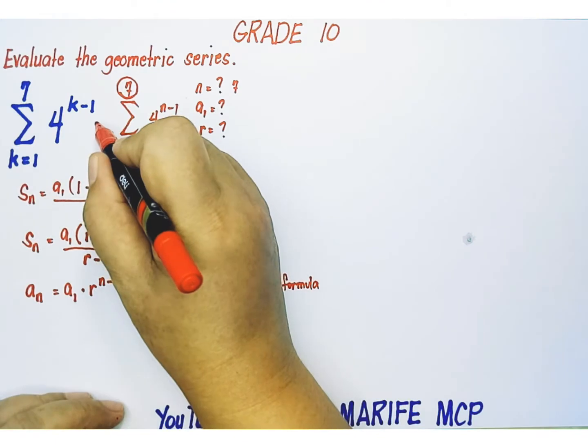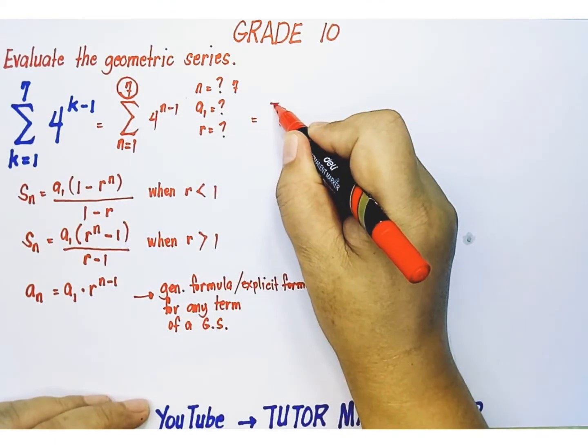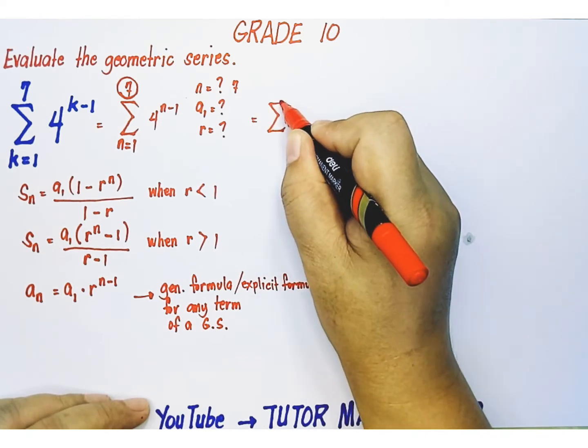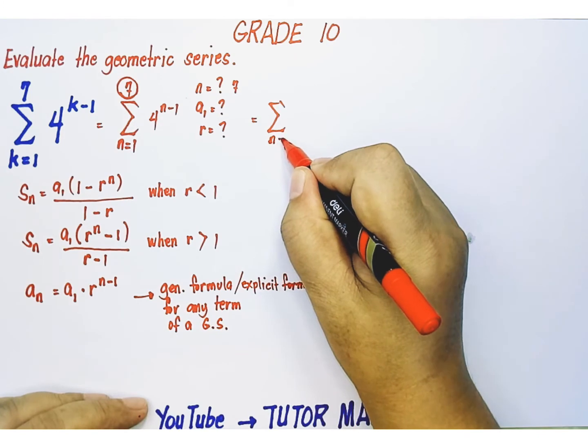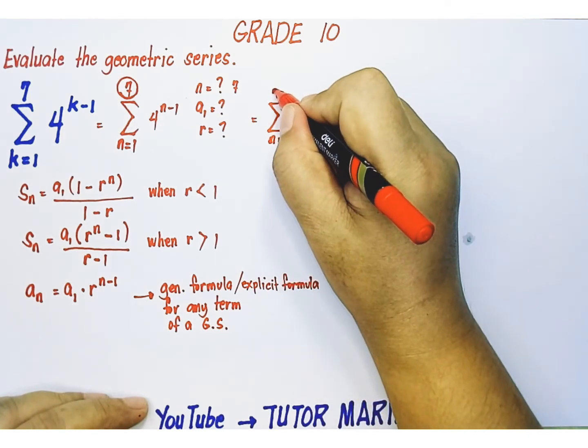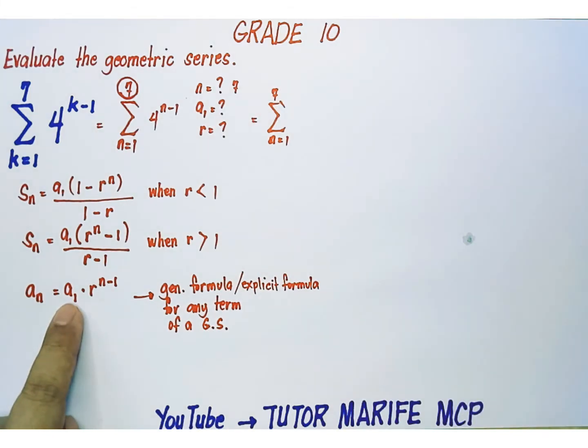Ito ay pwede mong isulat na summation notation, tapos n equals 1, 7 sa tuktok. Tignan niyo yung general formula or the explicit formula. Merong a sub 1 dito.